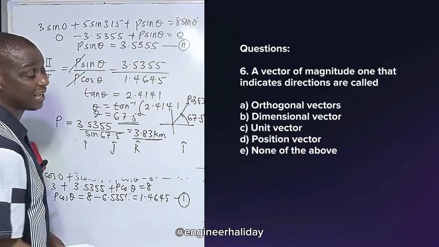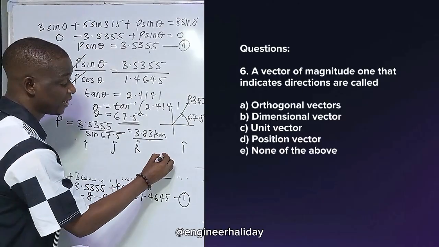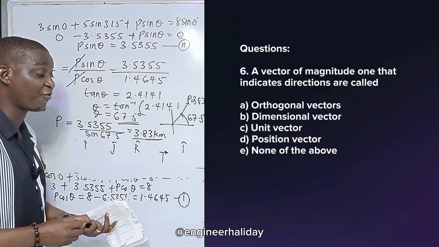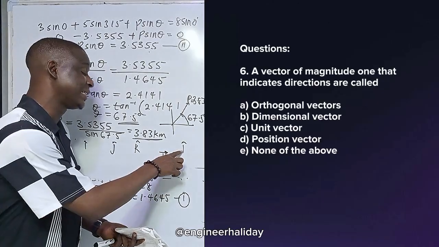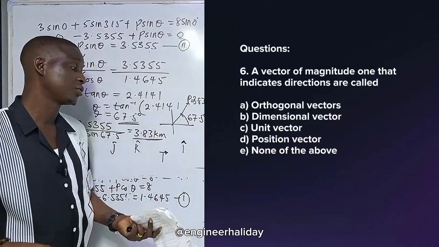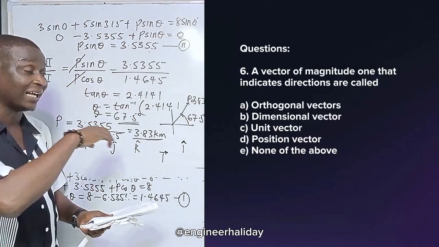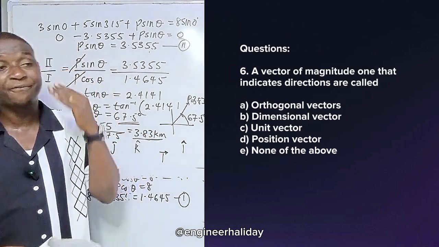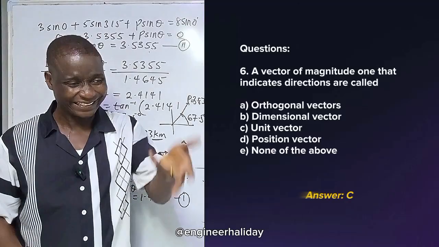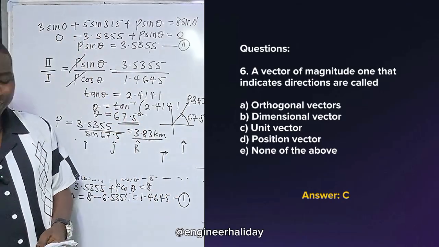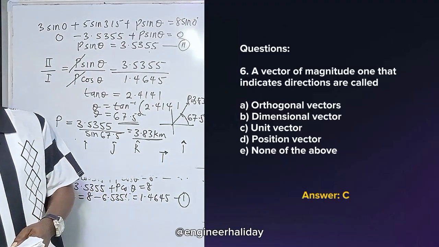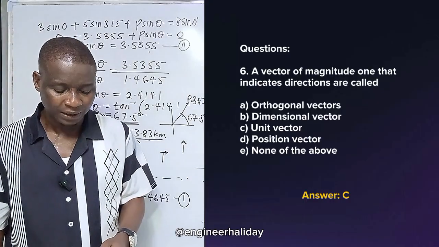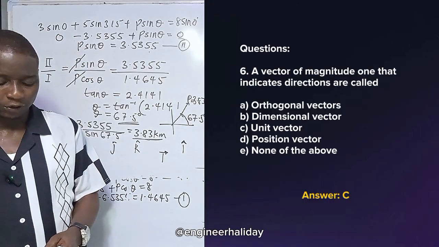Anytime you indicate an arrow on a letter, it is a vector. But anytime you indicate a cap, a kind of stroke like this, it is a unit vector. A unit vector has a magnitude of 1 and indicates the direction in which we can move. The options are A, orthogonal vector; B, dimensional vector; C, unit vector; D, position vector; E, none of the above. The answer to that question is unit vector, which is option C.